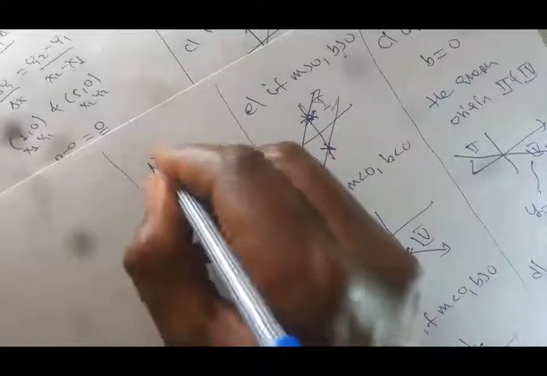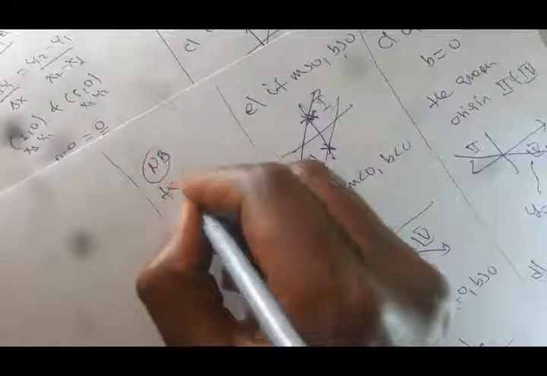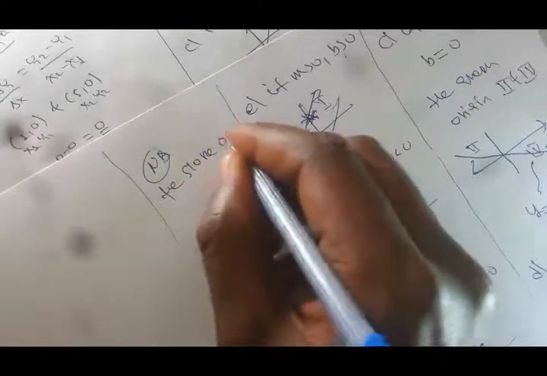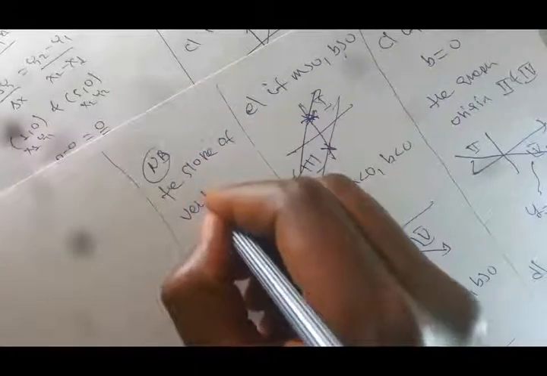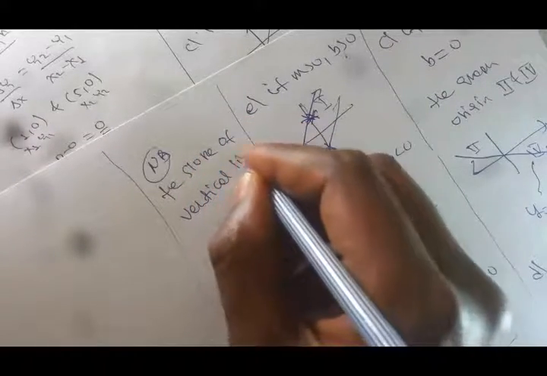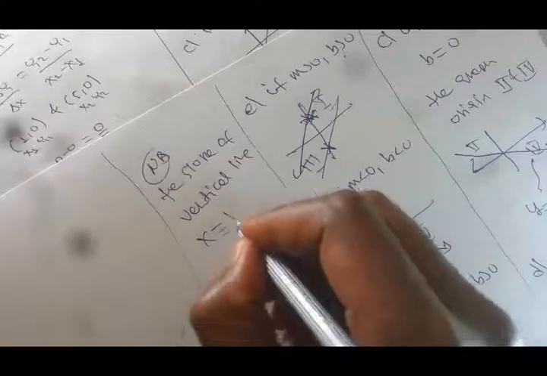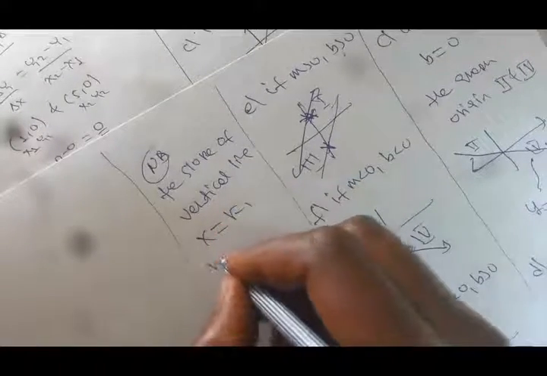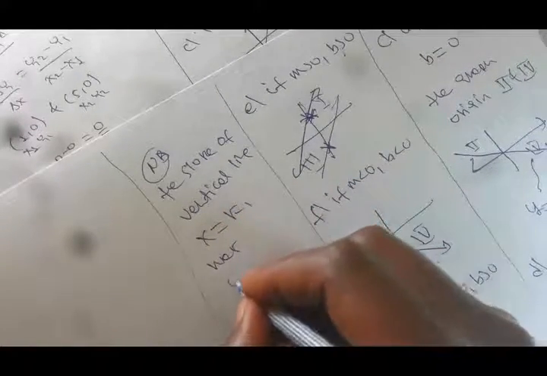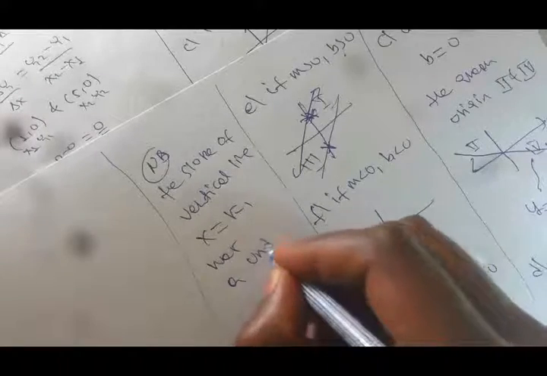And let's make some remark. The slope of a vertical line, x is equals to k, is undefined or no slope.